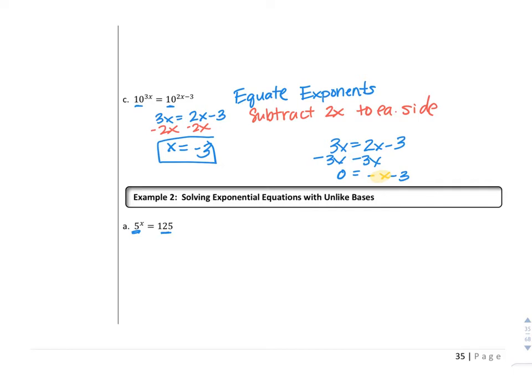So right now what we have is 5 to the x, and then the base on the other side is 125, and they don't match. So if we're going to follow the property, we're going to need them to match.